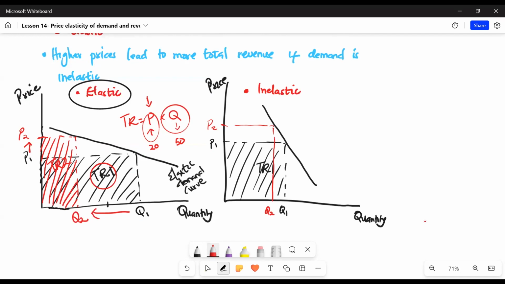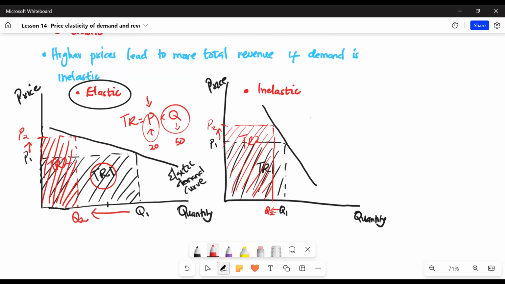You can see that the increase in price is bigger than the reduction in quantity demanded. The new revenue here is this shaded red area. Now, eyeballing this curve, you can see TR2 would be bigger than TR1. So in this case, higher prices lead to more total revenue if demand is inelastic.